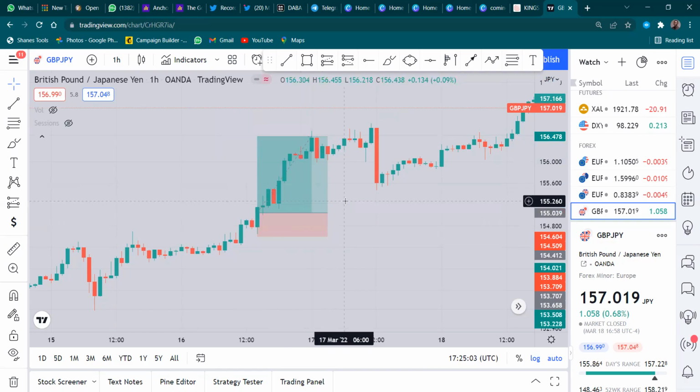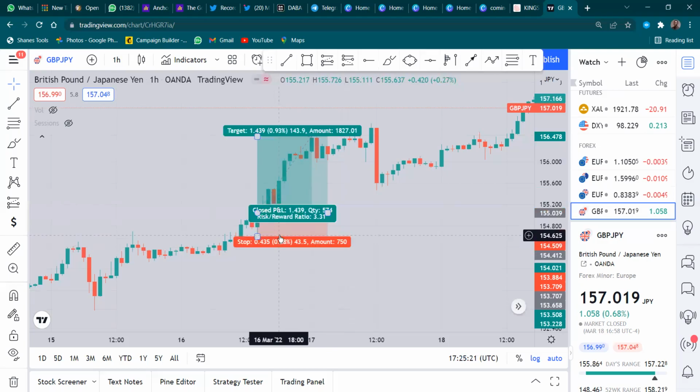When you set it at your entry point, that trade has become risk-free. What that means is that even if it comes back and retraces, the moment it gets to your entry, it's going to close at break even, at 0.00 for you. You understand? It's no longer going to stop you out in loss.